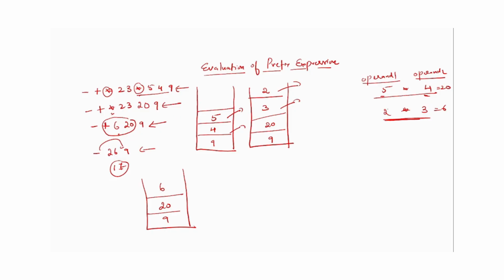So we have finished multiplication. Then comes plus. What is the top of the stack? 6. 6 will be operand 1. Plus what is the next operand? 20. So I pop 6 out first, and then I pop 20 out. So the stack will contain now only 9.